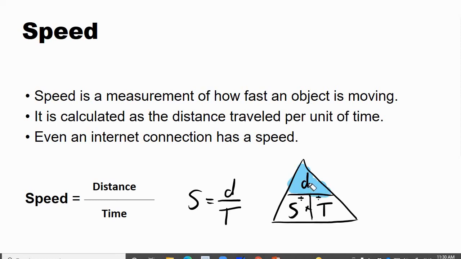So the distance equals speed times time. If he asks about the time in other questions, you can answer the problem by covering the time and making distance over speed, like that.